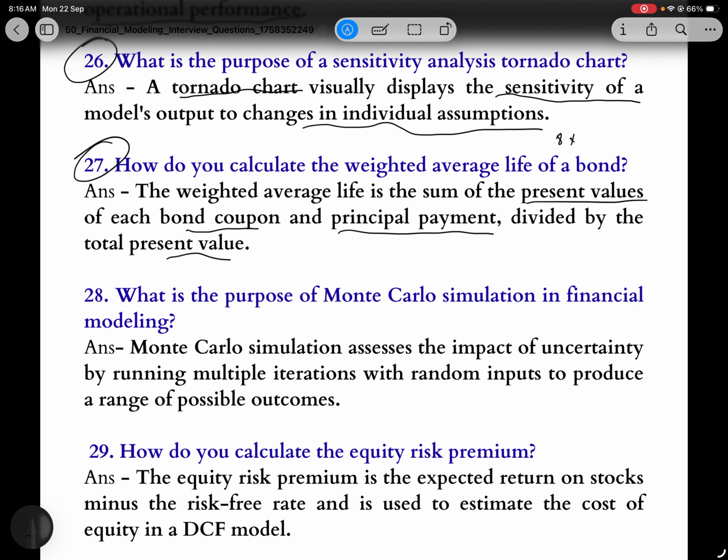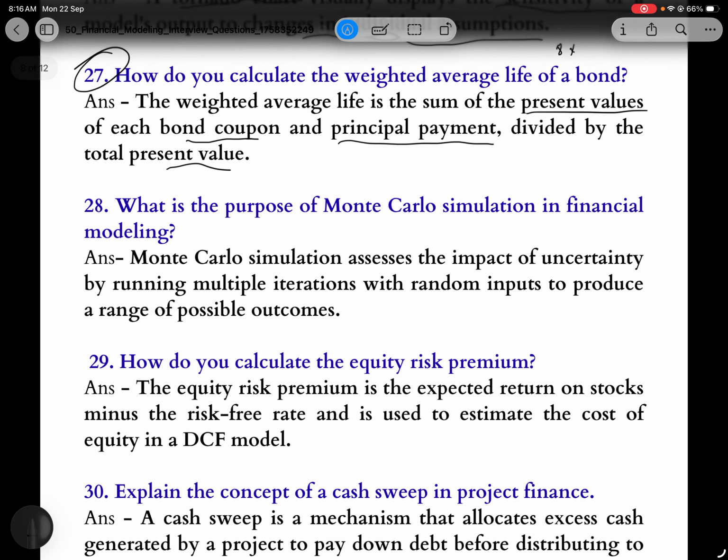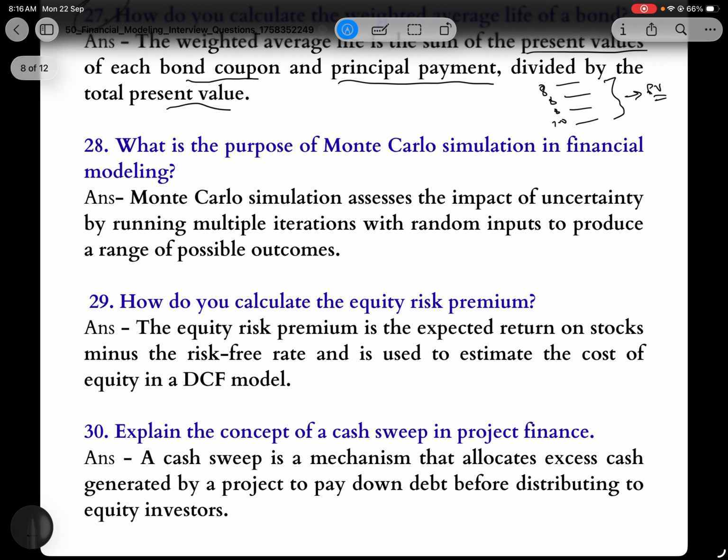So it's just a simple valuation of a bond, a discounted valuation of a bond. Like if you are getting 8, 8, 8 and then 100, you discount this over multiple years and you get the present value of it, and that's basically the weighted average life of a bond.